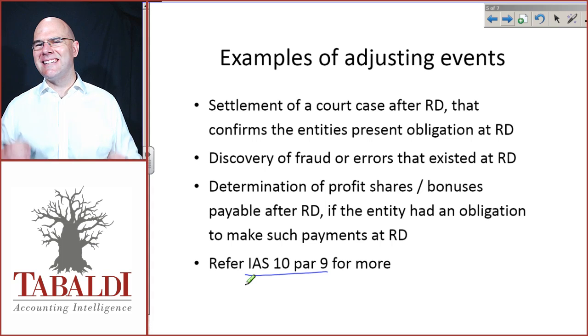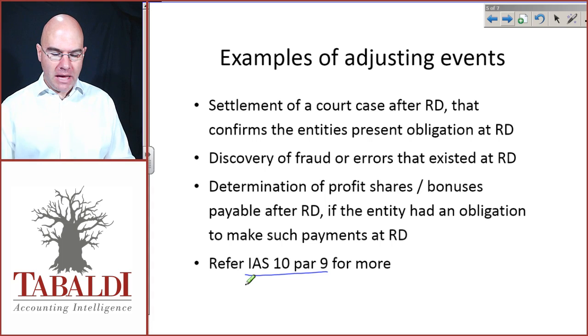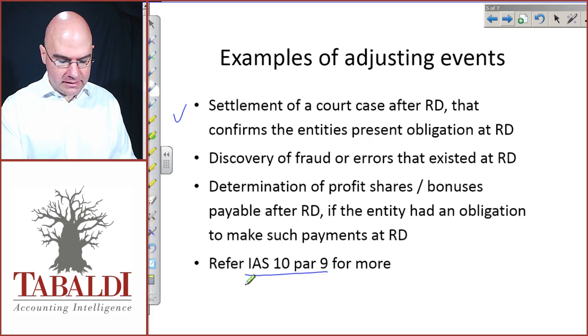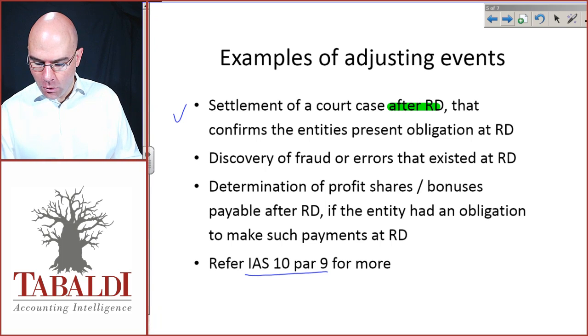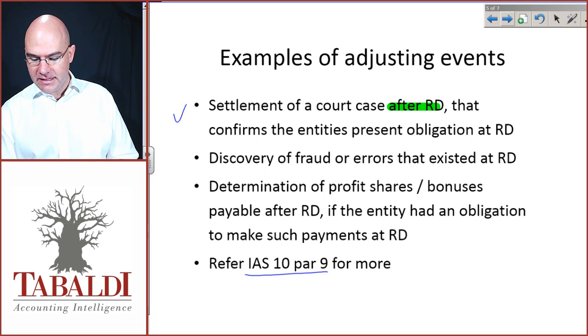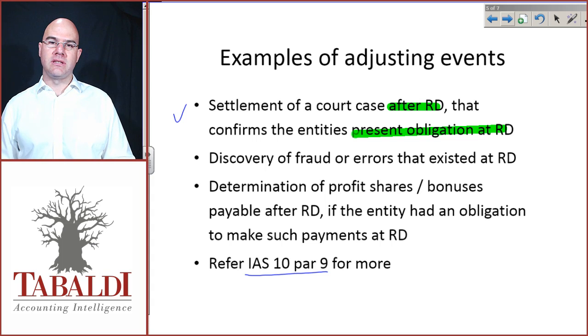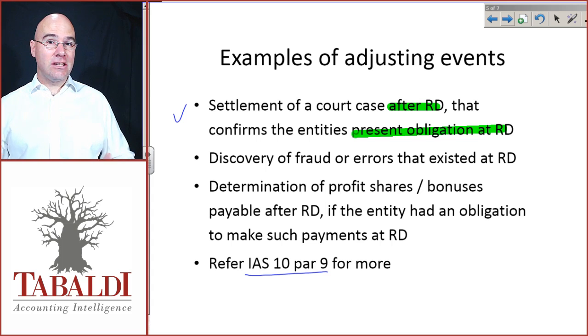Okay, so some other examples are given in IAS 10 paragraph 9. This is by no means an exhaustive list, but there may be settlement of a court case after reporting date that confirms the entity's present obligation at reporting date. Initially you thought this was just a contingent liability, but after year end the court case is settled and confirms the present obligation.